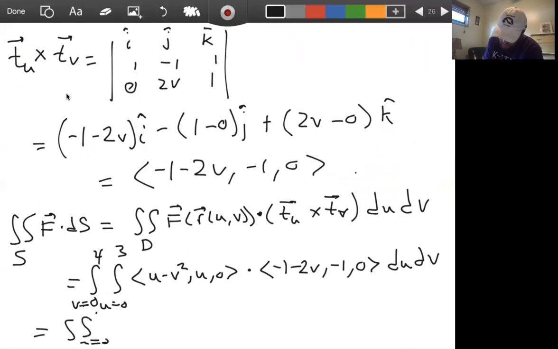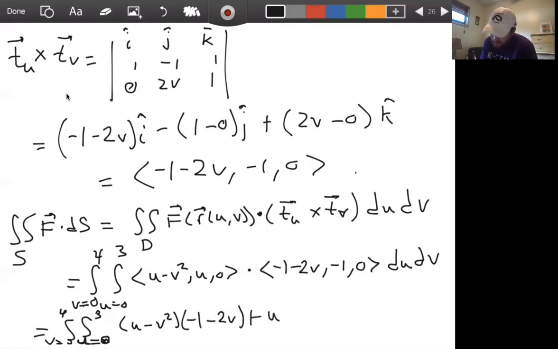Which is a double integral, u goes from 0 to 3, v goes from 0 to 4. It's kind of messy down there, but it's the same bounds as the integral right above it, right? And then we have u minus v squared times -1 minus 2v, taking the dot product, and then plus u times -1 plus 0, du dv.